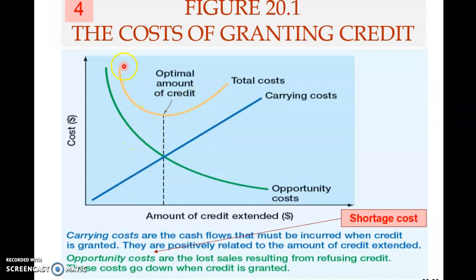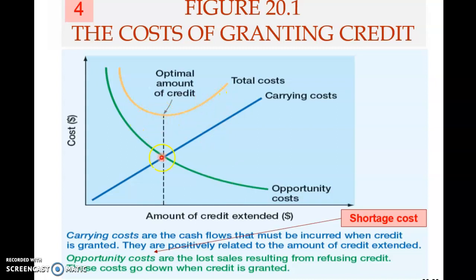So you find that if your credit is too low, your shortage cost is very high, even though your carrying cost is low. But if your credit is too high, you give too much credit, then your carrying cost will be too high and your opportunity cost will be low, but your total cost will still be high.